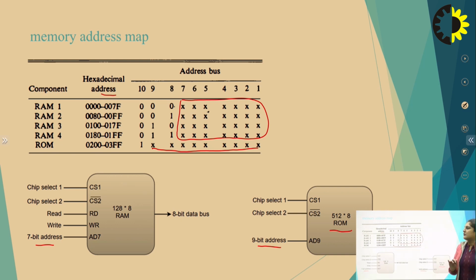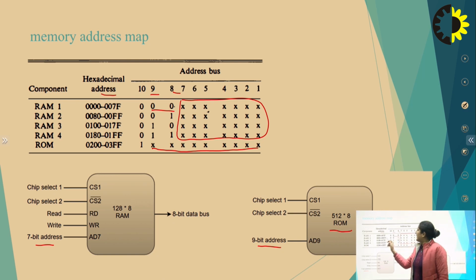Clear? Now the question arises, how will we decide which RAM is to be chosen? We will decide with the help of the 9th and 8th bits. If the 9th and 8th bits are 0, 0, we will choose RAM 1.